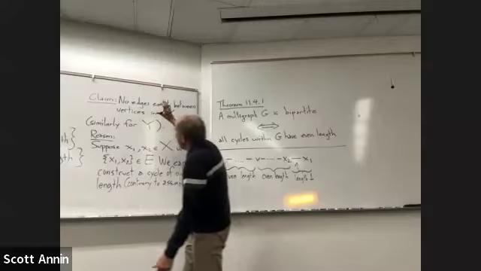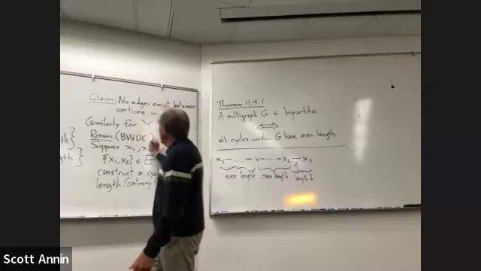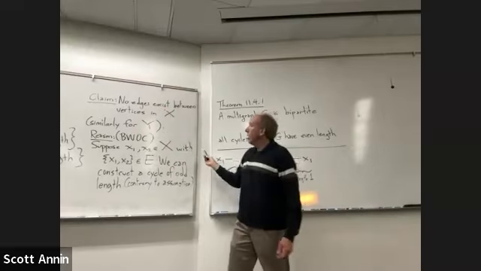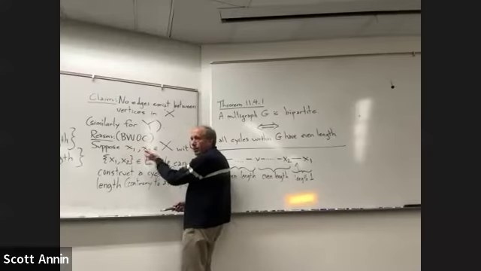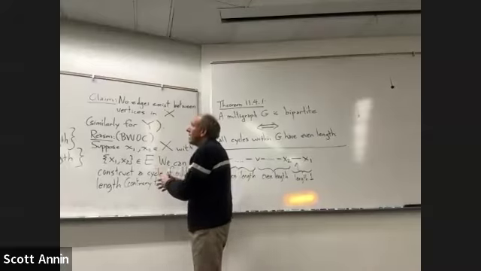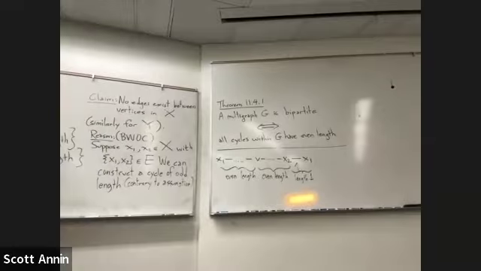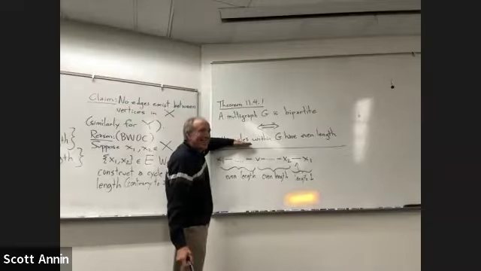But I'm proving the claim by way of contradiction, if that helps. I basically said, suppose that you actually do have an edge between two of the vertices that are within X, right? And then I created the contradiction by making a cycle of odd length. Even just one cycle of odd length is going to contradict this assumption here.